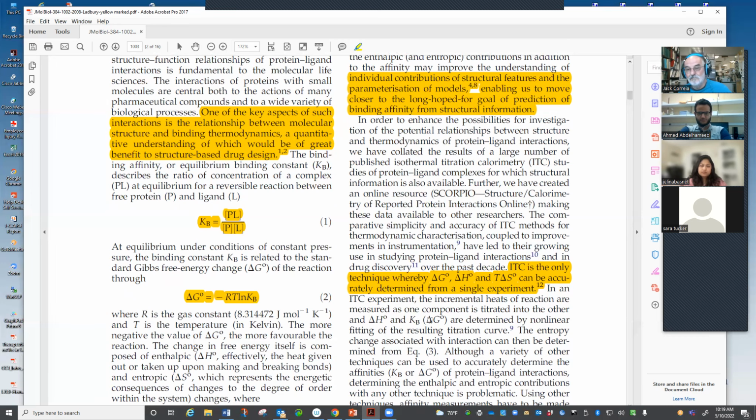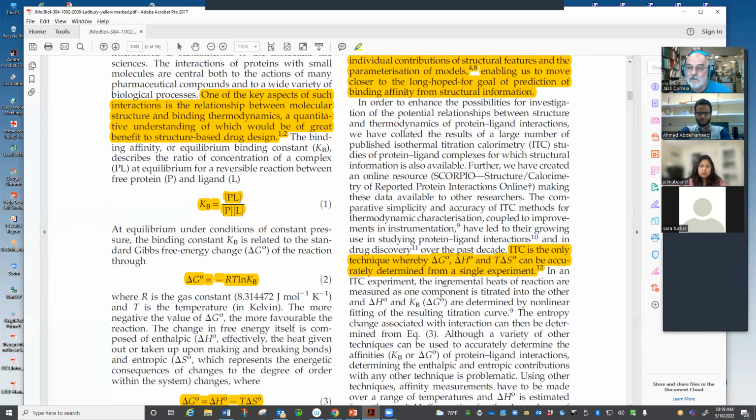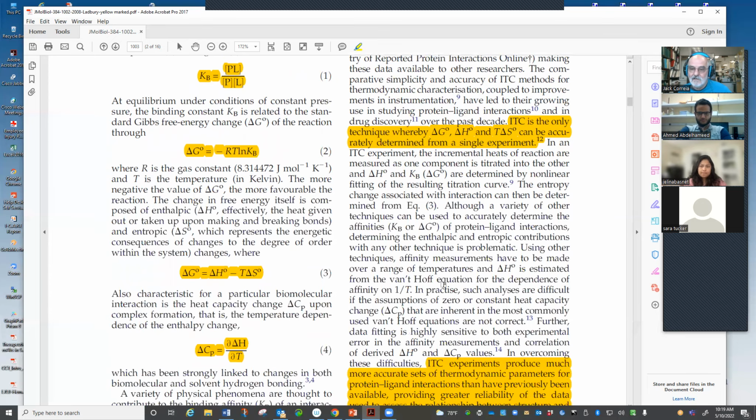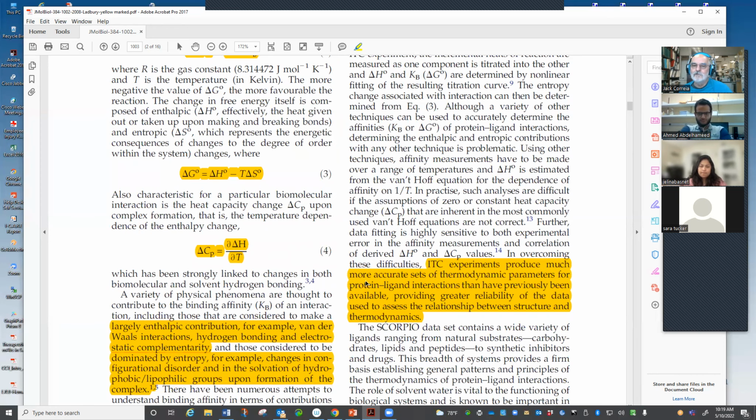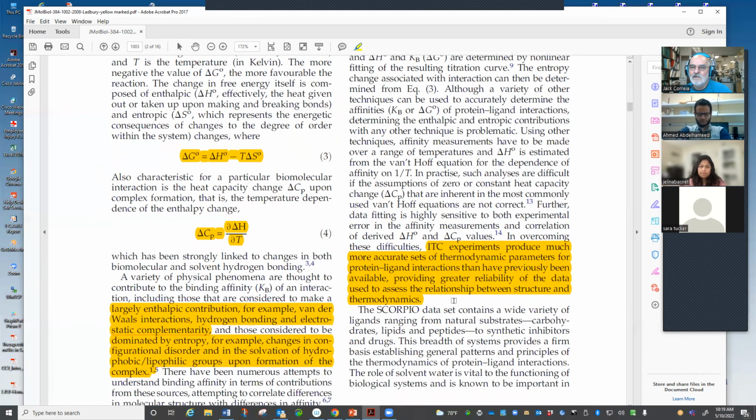Okay, and so you need to do more than that, but literally it's that easy, consequently. Okay, and so ITC experiments produce much more accurate sets of data, and we can use this accurate data set in principle to establish the relationship between structure and thermodynamics.